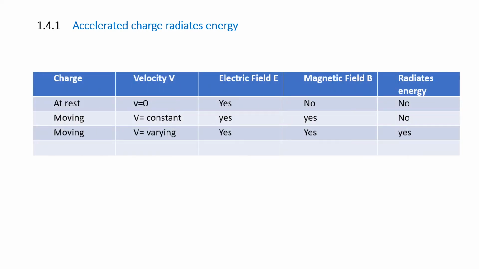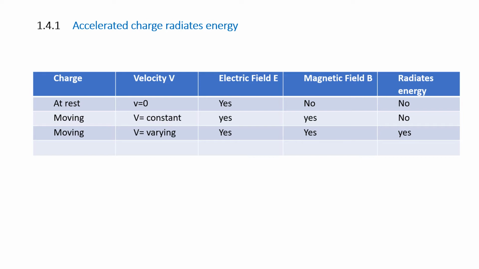When charge is at rest, that means the velocity is 0, there is an electric field. In this chapter, we are going to study about electric field, and there is no magnetic field and there is no radiation of energy.